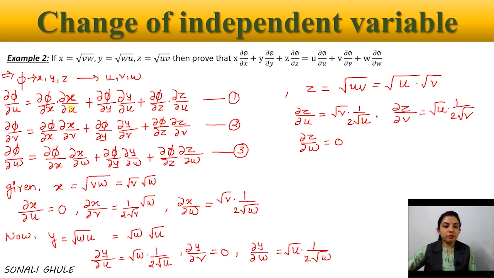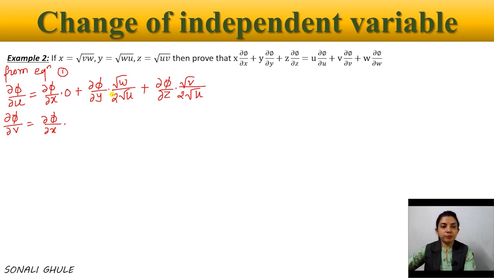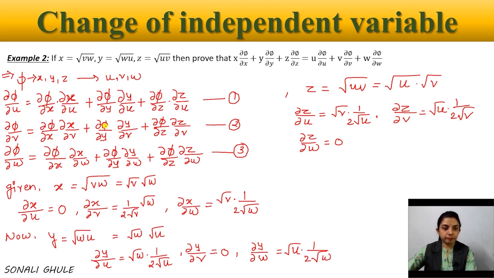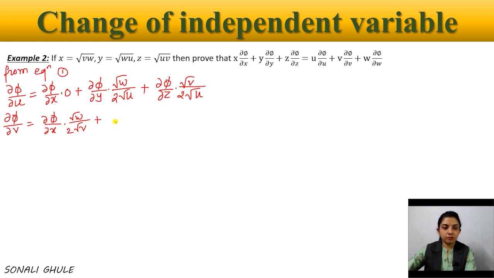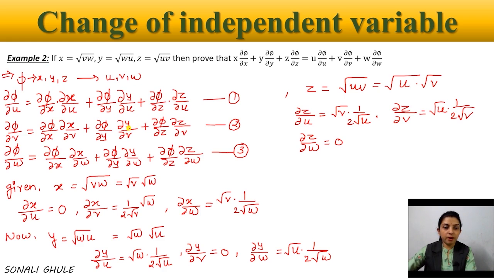So what is the value for x with respect to v? You can see root w upon 2 root v. So we have to write it here, root w upon 2 root v. Okay, then plus, what is the value here? Yes, phi with respect to y, y with respect to v. So I can write here phi with respect to y and then y with respect to v.